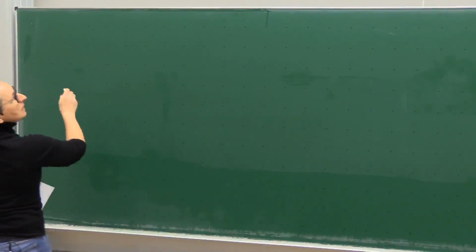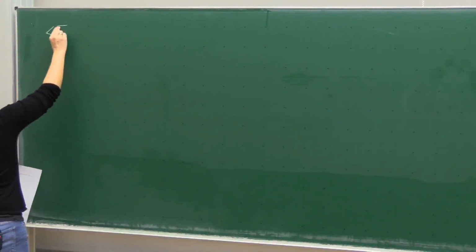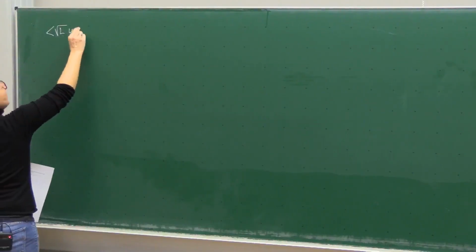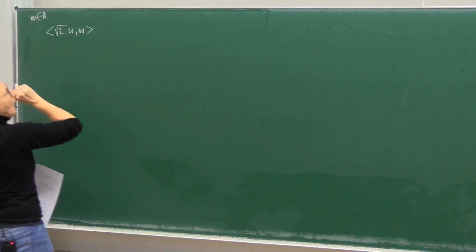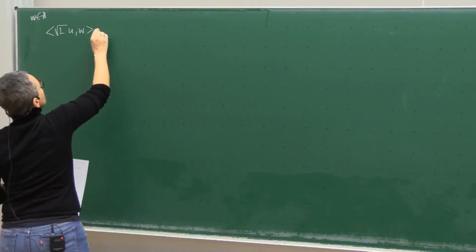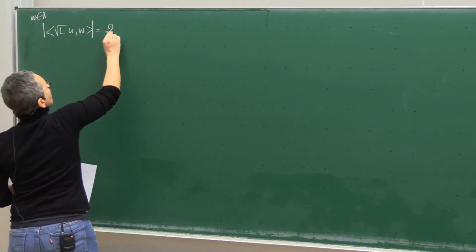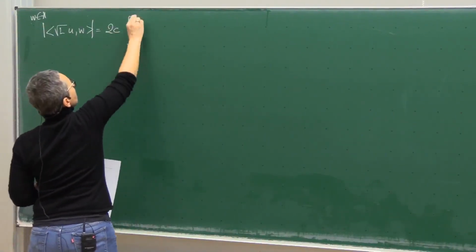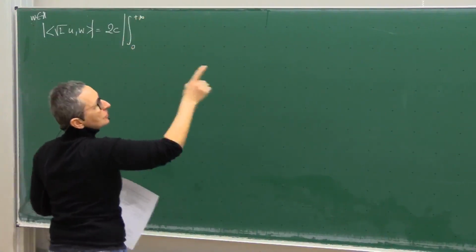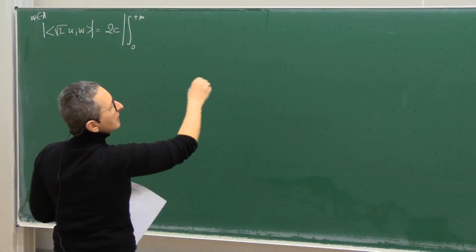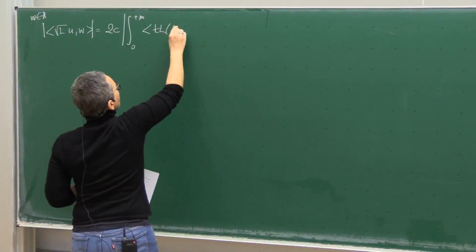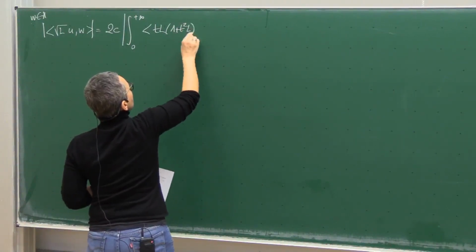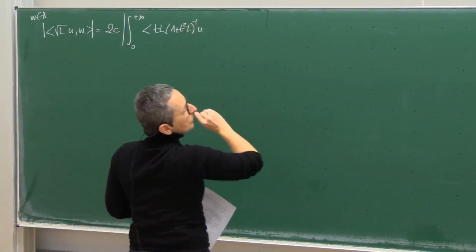So, again, what we have is square root of L u applied to W. W is in H. This is 2c integral from 0 to infinity. I just write down the last line. TL (1 plus t squared L) inverse applied to u.